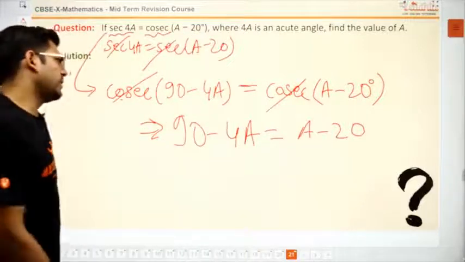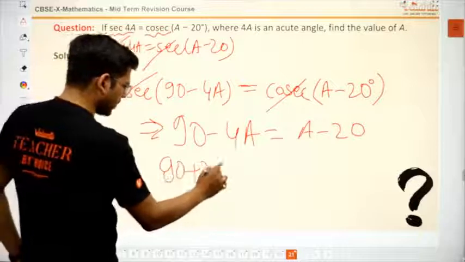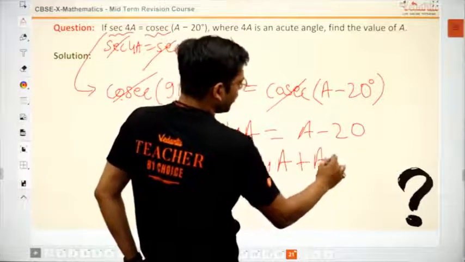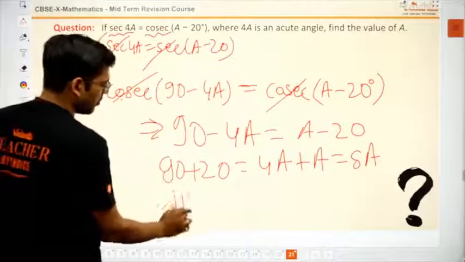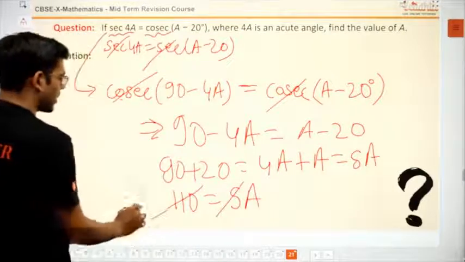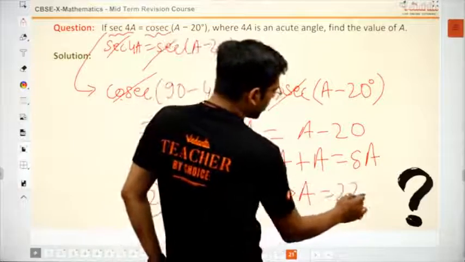Now you can solve it very easily. Minus 20 here: 90 plus 20 is 110, and 4a plus a is 5a. So 110 is equal to 5a, 5 into 22 is 110, which implies the value of a is 22.